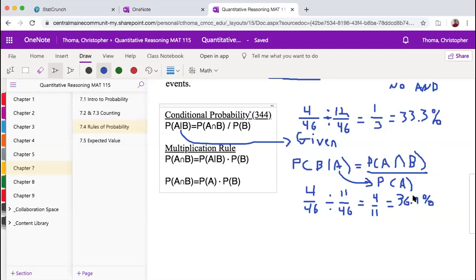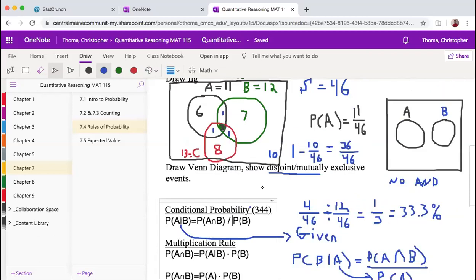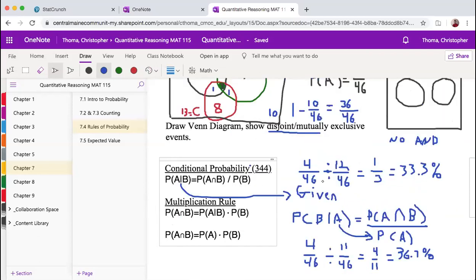So probabilities are kind of close, and the reason is, they won't always be. The reason is if you look at A and B, one's 11 and one's 12. It only changed by 1, but even that change by 1 still brought it up a little more than 3%.